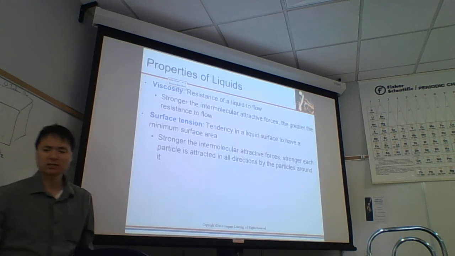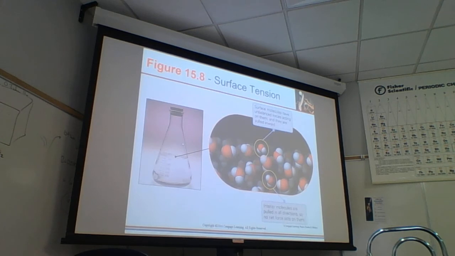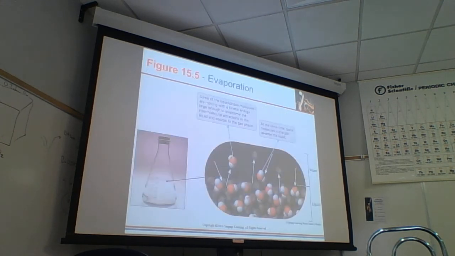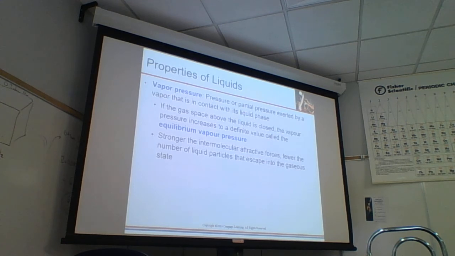And surface tension is how much energy it takes to break the surface of the liquid. All these properties are related to what we call intermolecular attractions. Intermolecular attractions are what hold the water molecules together. So we're going to look at those now.